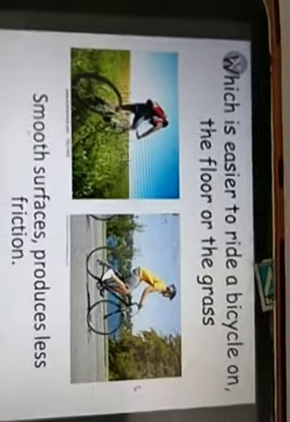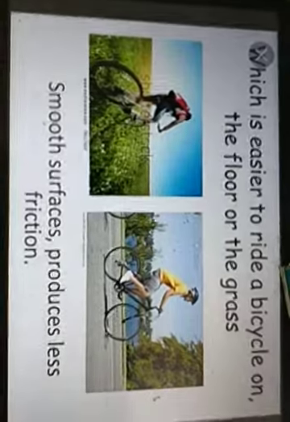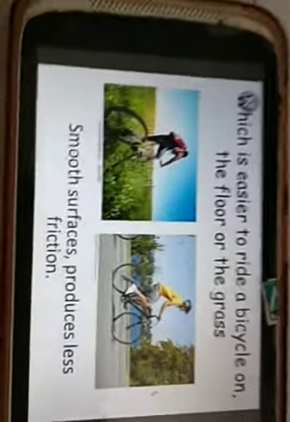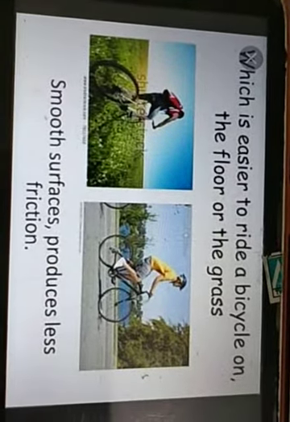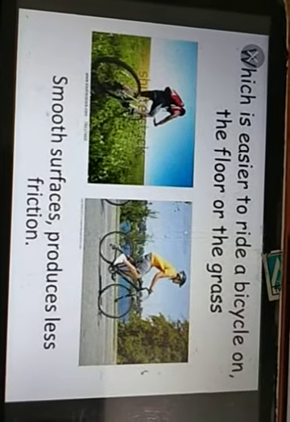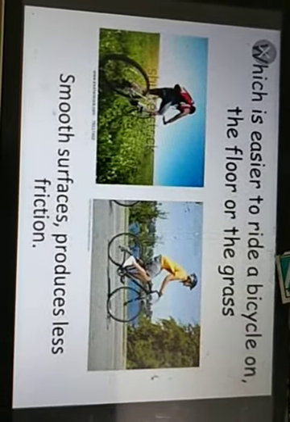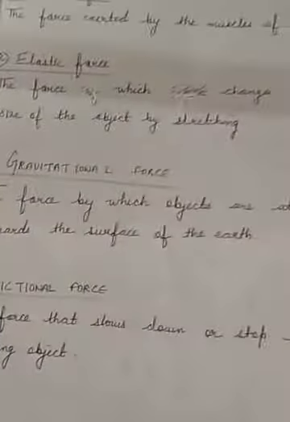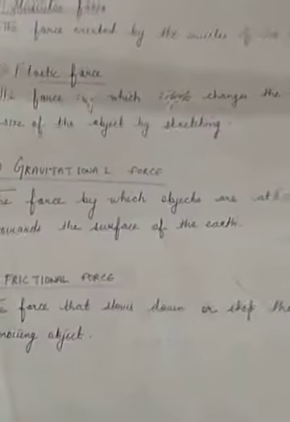So friction is responsible for stopping or slowing down a particular object, and friction has both advantages and disadvantages in our daily lives. So this is all about the four kinds of forces that we have to cover in this chapter.